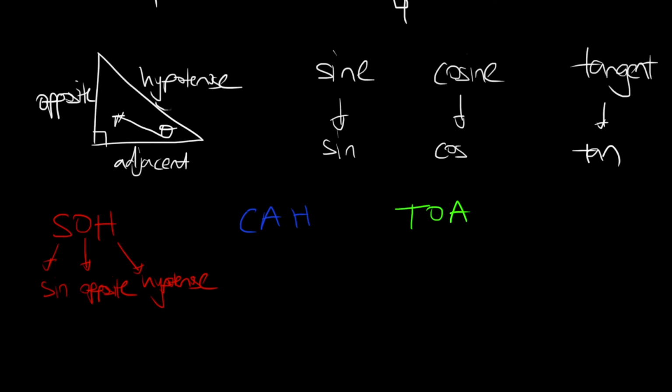And we use cos, so C stands for cos, when we have the A, the adjacent side, and we have the hypotenuse. So that's what the H stands for, hypotenuse.